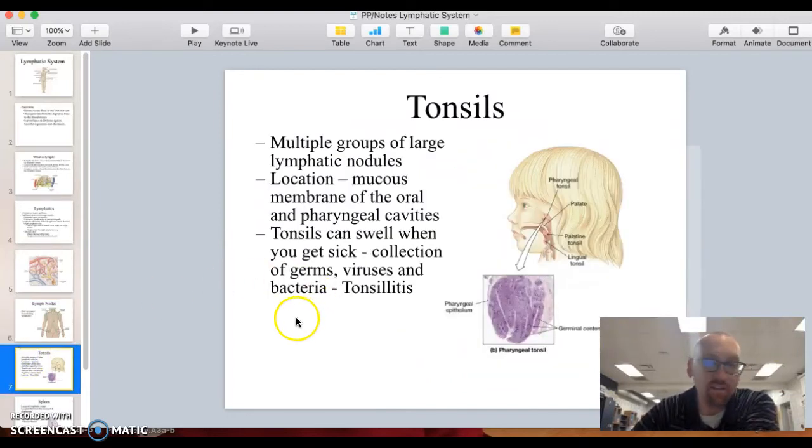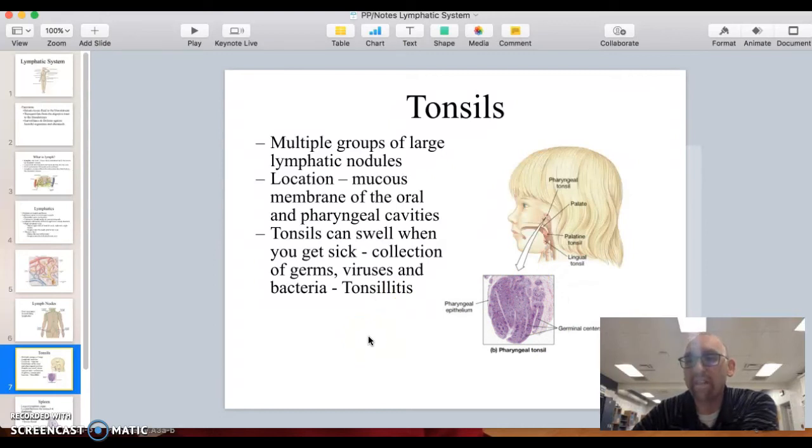Now, your tonsils are actually a cluster of lymph nodes. And this is why, if you think of the way your tonsils are that are in the back of your throat, their job is to make some of that mucus, right? They're in the back of the pharyngeal back here. And then what happens a lot with these is because these lymph nodes are helping kind of filter any of the junk.